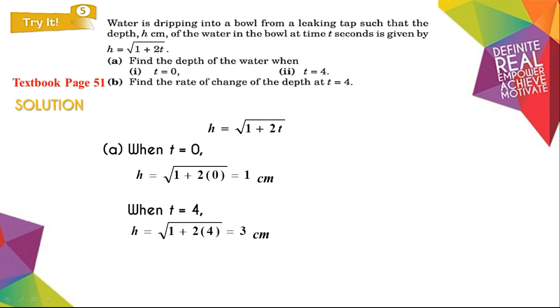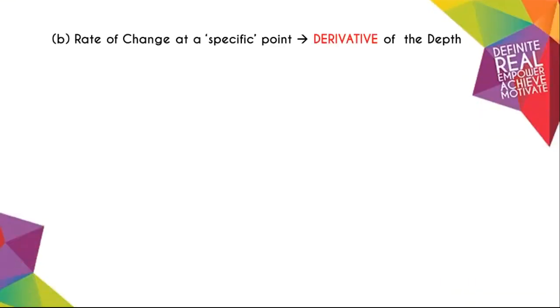For question part B, we are going to find the rate of change of the depth at t equals 4, or at a specific value of t. Then, it will be easier to find it using the derivative of the depth. We know that the function h, the square root of 1 plus 2t, can be converted into the indices form like this: (1 plus 2t) to the power of 1 over 2.